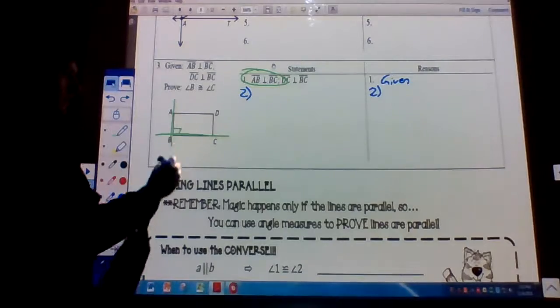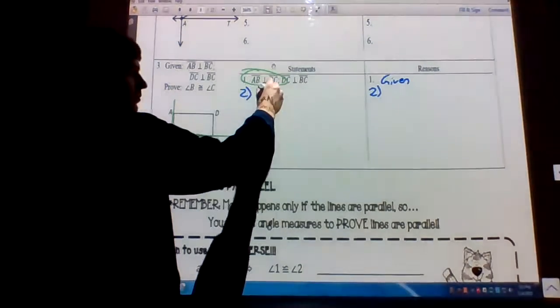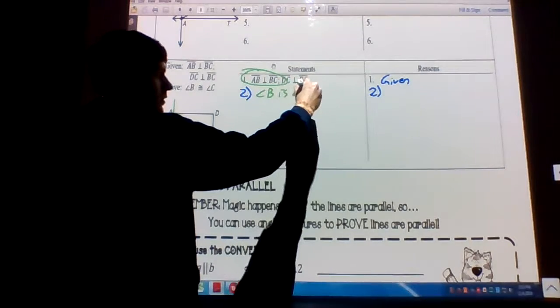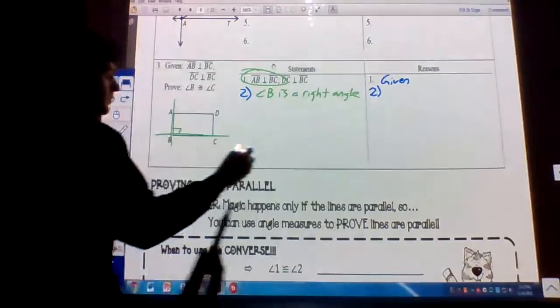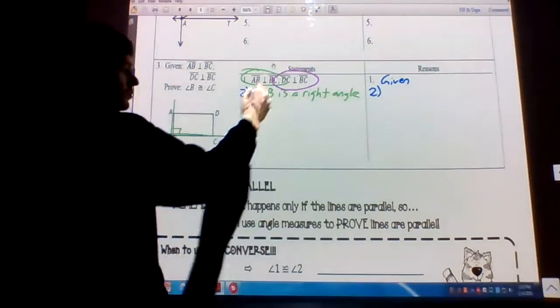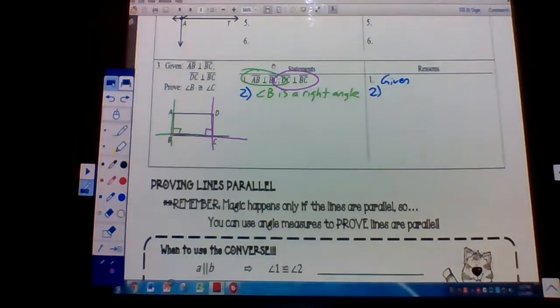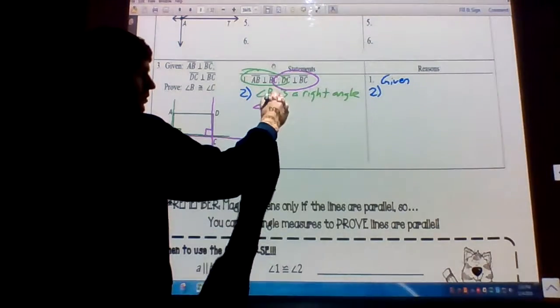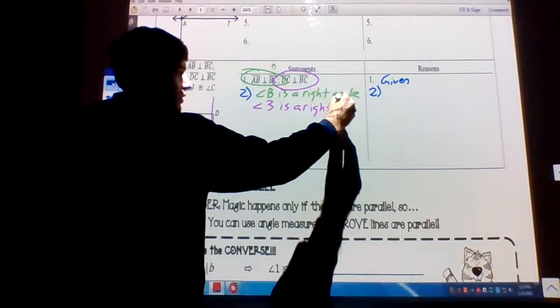That's going to tell us this angle right here is a right angle, so angle B is a right angle. And we can use this piece of information, DC is perpendicular to BC. That's going to tell us that angle is a right angle. So that's angle C. We also know angle C is a right angle.